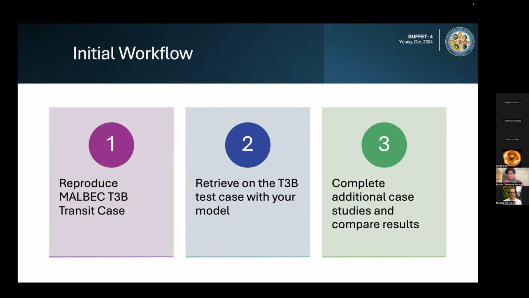But outside of that, we want you to run things to default and see what comes out of it. And then phase 3, which we want to work toward, is being able to complete additional case studies, expand the parameter space and look into other planetary scenarios, which we can test our retrieval models on. But that's sort of down the road, and we're still working toward that.